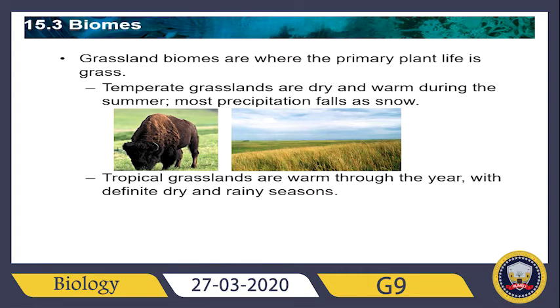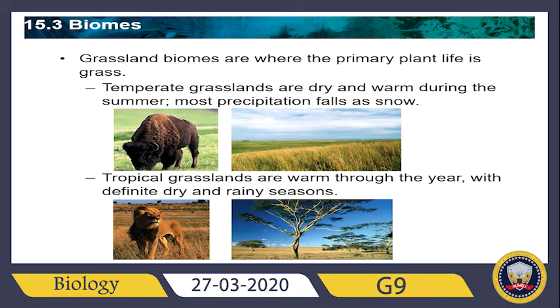Tropical grasslands are warm through the year with definite dry and rainy seasons. So again, temperate grasslands are like the grasslands near the Rocky Mountains, while tropical grasslands you'll find in Africa, near the savannas, where you can find lions, for example.